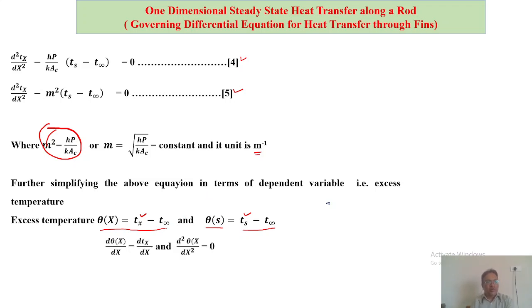So d theta x over dx is equivalent to dTx over dx, and d squared theta x over dx squared can be written like this. So let us now simplify equation 5 in terms of excess temperature. It will become d squared theta x over dx squared minus m squared theta x is equal to 0. This is equation number 6.